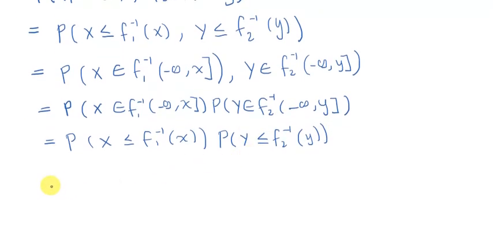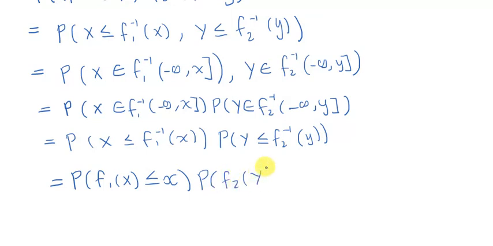Which is equal to, if we just apply the functions f1 and f2 on both sides of the inequality again, working this process backwards, the probability f1 of x less than or equal to little x times the probability of f2 of y less than or equal to little y. And that's the end of the proof.